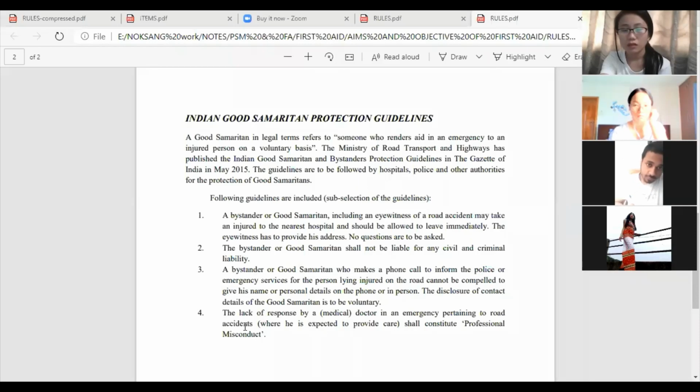This professional misconduct will be held against him. So these are the 4 guidelines. You just need to study these things. It's not tough. You just read these guidelines and then you can write for your exams. This is important.